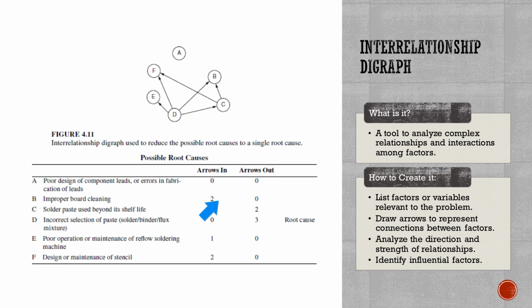For B, there are two arrows in, which means this is the effect, and there is no potential cause here, no arrows out.